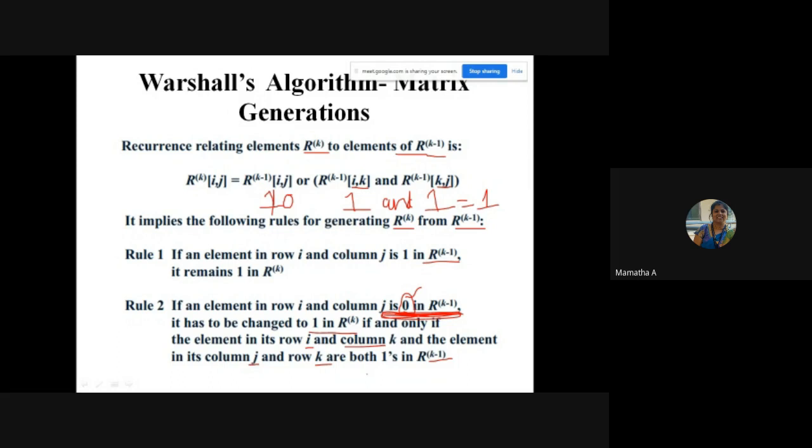Very simple. If I to j is 1 in the previous matrix, in the current matrix also it will be 1, meaning there is a path already existing. But if there is no path, just check whether there is a path from I to k and what, students?